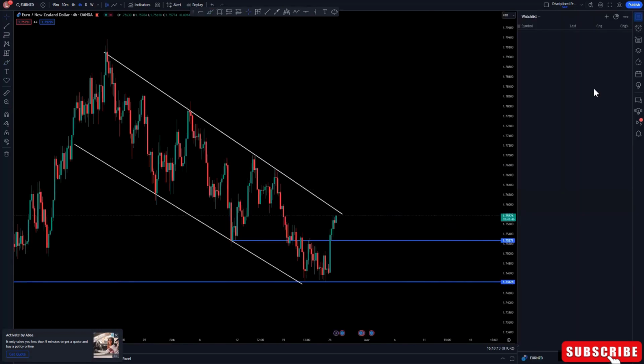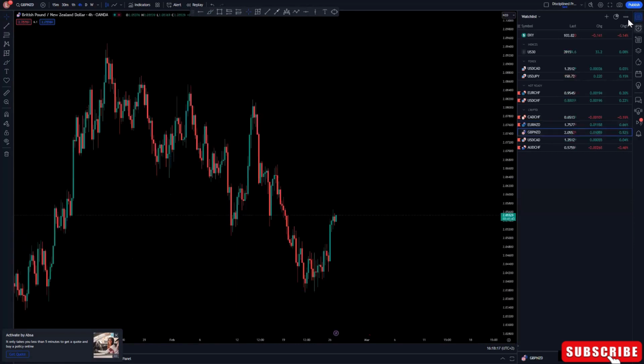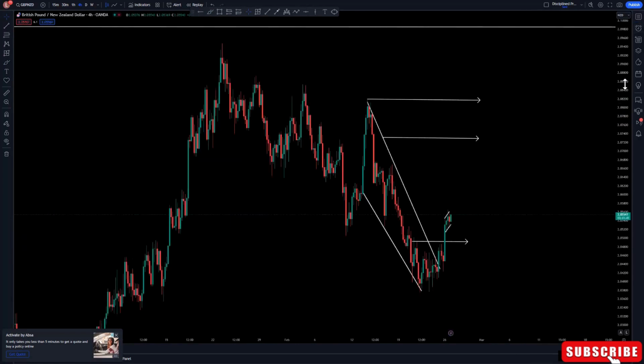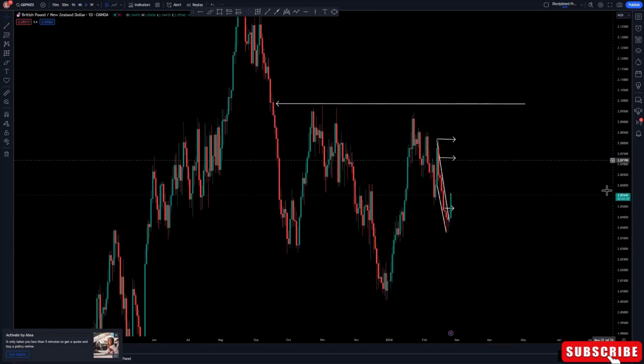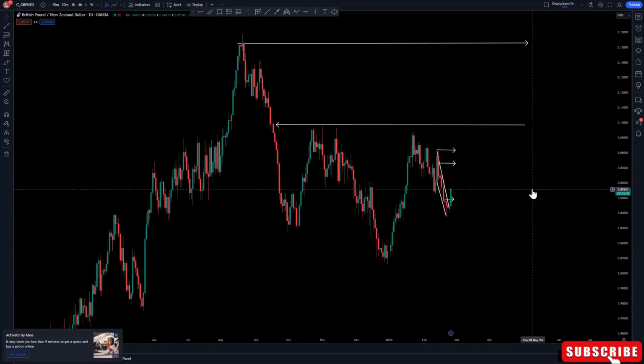So let's move now to GBPNZD. These two pairs are correlated in a way, right? Because think about it, there's no way that the New Zealand dollar can outperform or be stronger than the euro, and you find that GBPNZD is going to be a sell. It doesn't make sense.